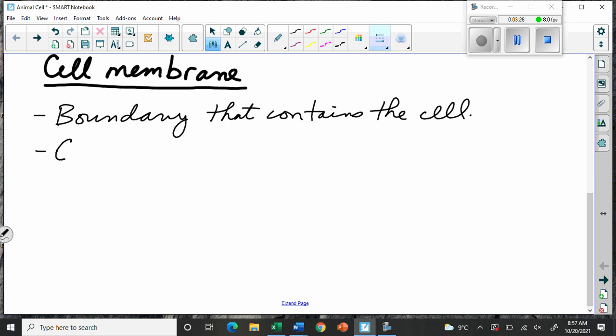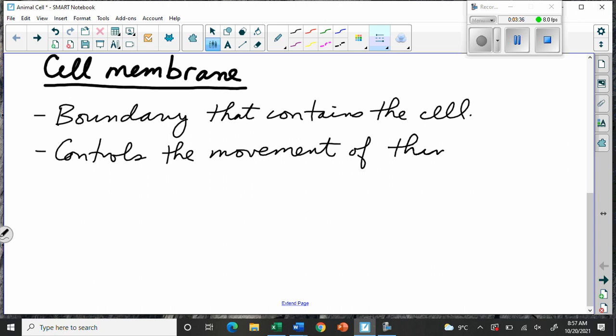It also controls the movement of things in and out of the cell. Mostly molecules, right? Things in and out of the cell.